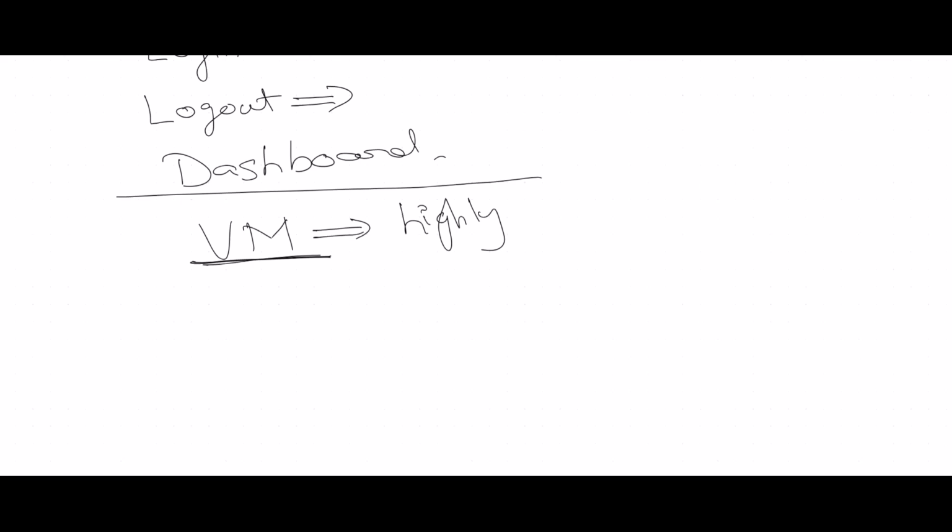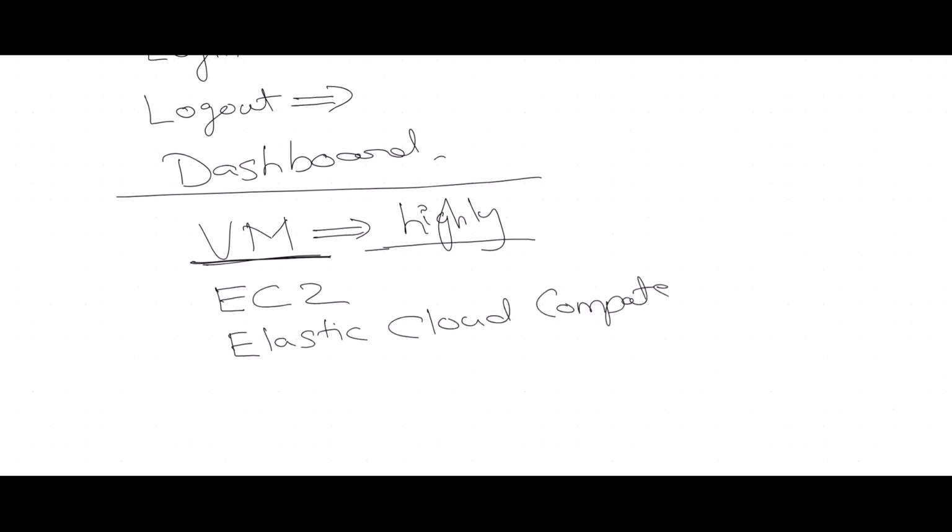In AWS, VMs are known as EC2s, Elastic Cloud Compute. E, first C and second C, EC2.